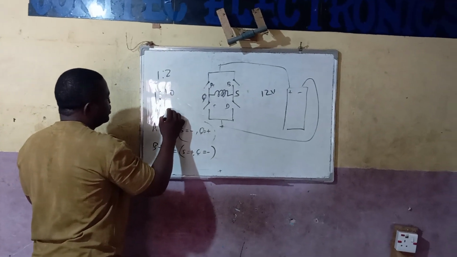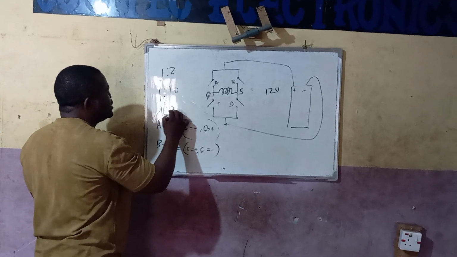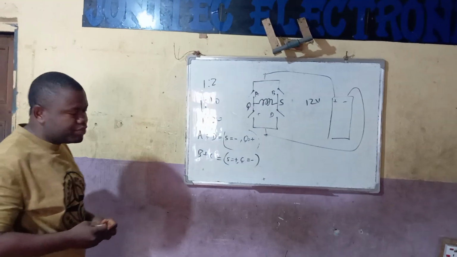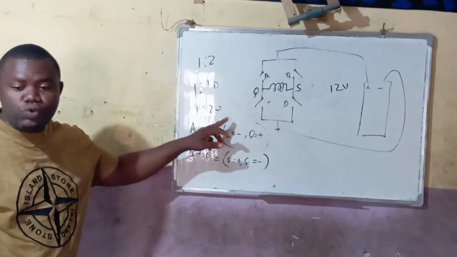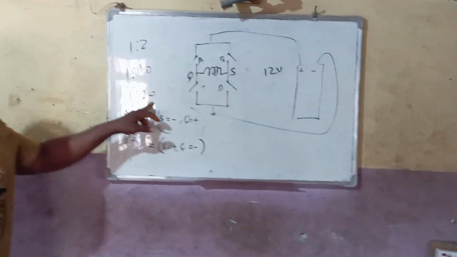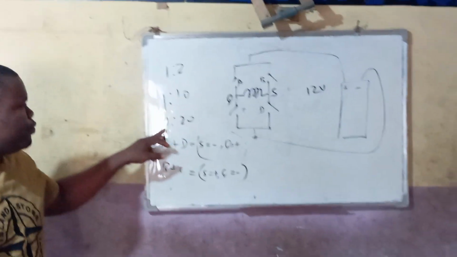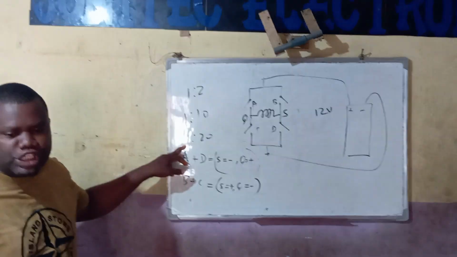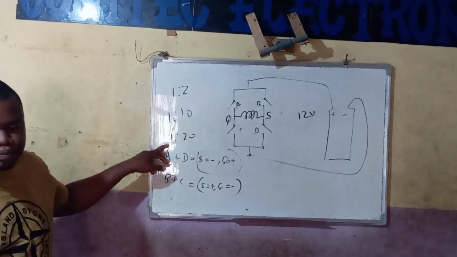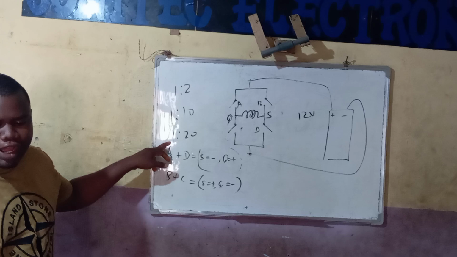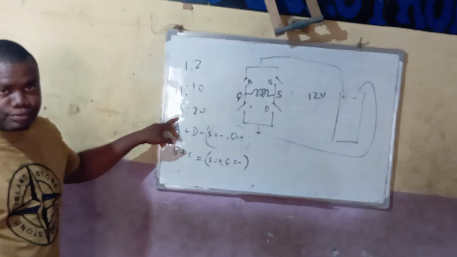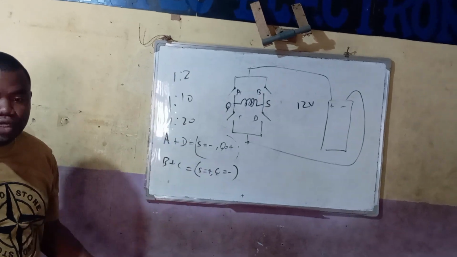What about 1:50? Or let me say 1:20. It means if you put 1 volt here, you get 20. If you put 10 volts here, you get 200 volts. Are we together? What if you put 12 volts here? 12 times 20 is what, please? 12 times 10 is 120.